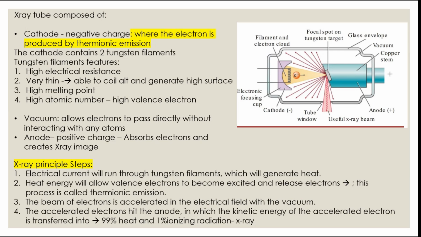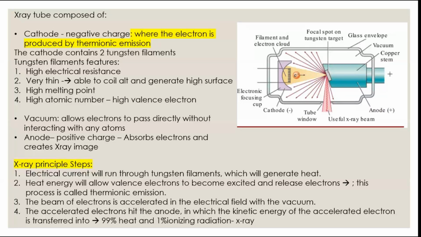And the vacuum, as we know, allows the electrons to pass without any interference. Then we have the anode, which is the positive charge, which will absorb the electrons and feature them as an X-ray image. So how does this process occur? We give an electrical current, and this current runs through the tungsten filaments.